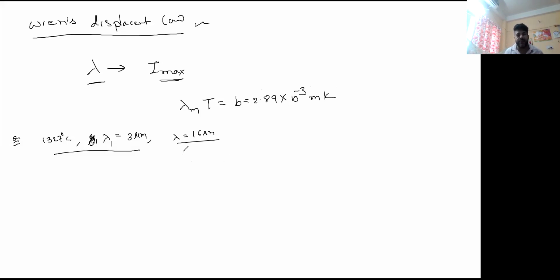So 3 micro means 10 to the power minus 6 into 1600 Kelvin equals 16 micro into T. So micro cancels, and T is 300 Kelvin, that means 27 degrees centigrade. So this is the answer.